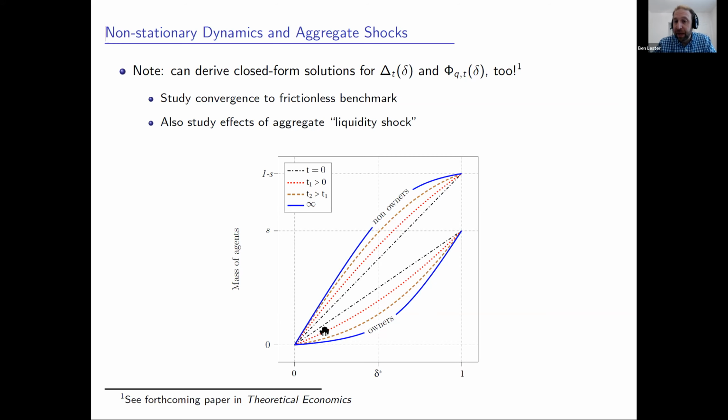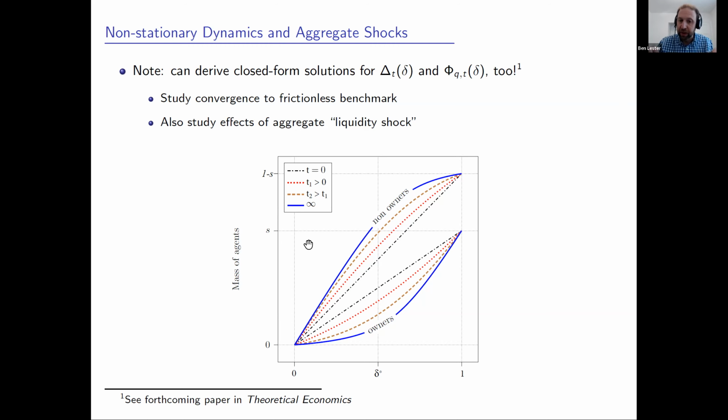This graph here plots the convergence of these distributions of non-owners and owners to the new steady state. So somebody asked very early on about initial conditions. So this dot-dash black line here is if we had a random allocation at time 0, and then we look at different points in time watching this distribution converge to the steady state. And what you see is that the distribution of owners is slowly converging to higher and higher deltas.